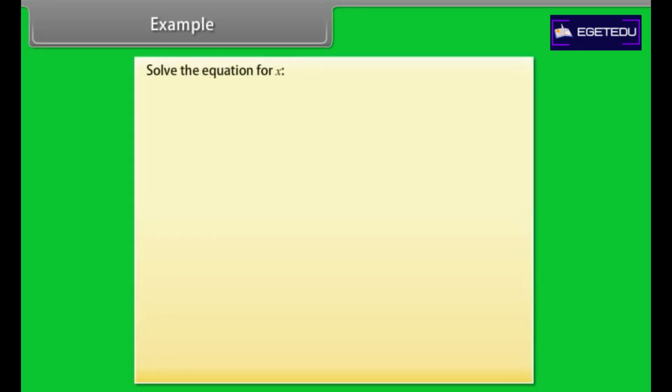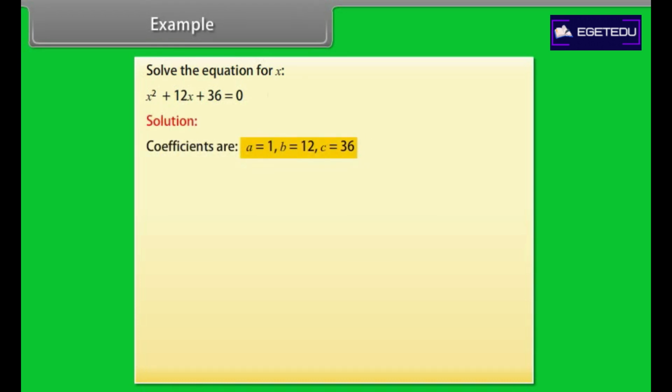Example. Solve the equation for x. X square plus 12x plus 36 is equal to 0. Solution. Coefficients are a is equal to 1, b is equal to 12, c is equal to 36. d is equal to b square minus 4ac, which is 12 square minus 4 into 1 into 36, is equal to 0.